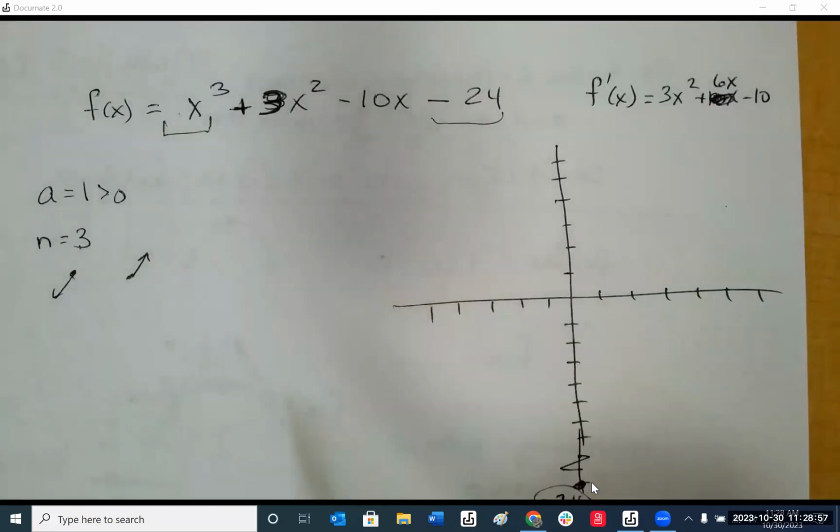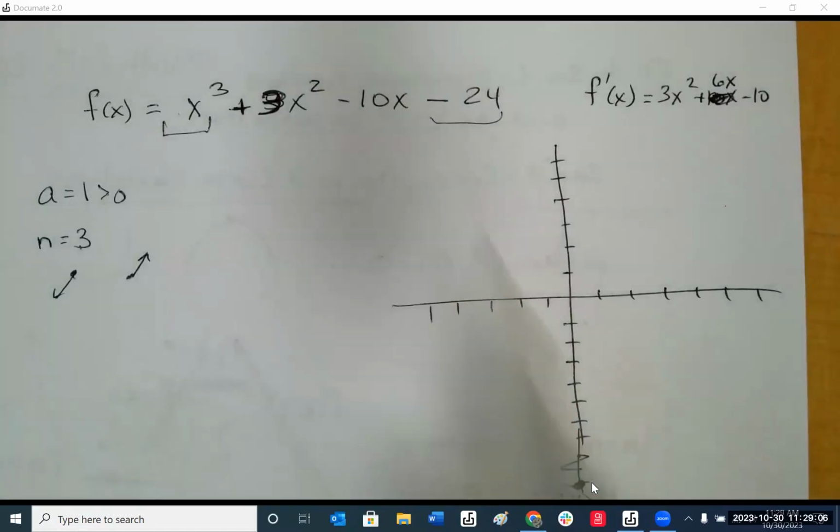One thing from algebra, this is calculus 1. How do we find the x-intercepts of a polynomial? You either use the quadratic formula, but not with cubics.